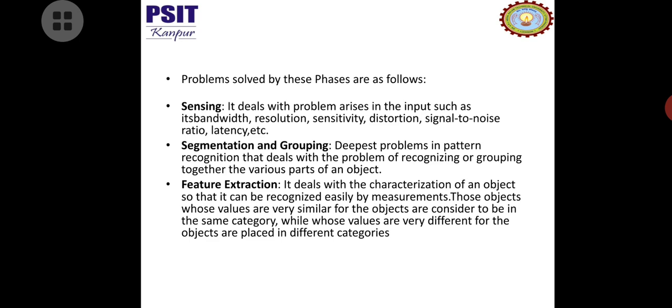Let's suppose you have 3 objects and all 3 have the same properties. Then all 3 objects will be in the same category, or grouped together. On the other hand, if the objects do not have the same properties, they will be in different categories, because we cannot group them into the same category. Why? Because the properties are different, right?